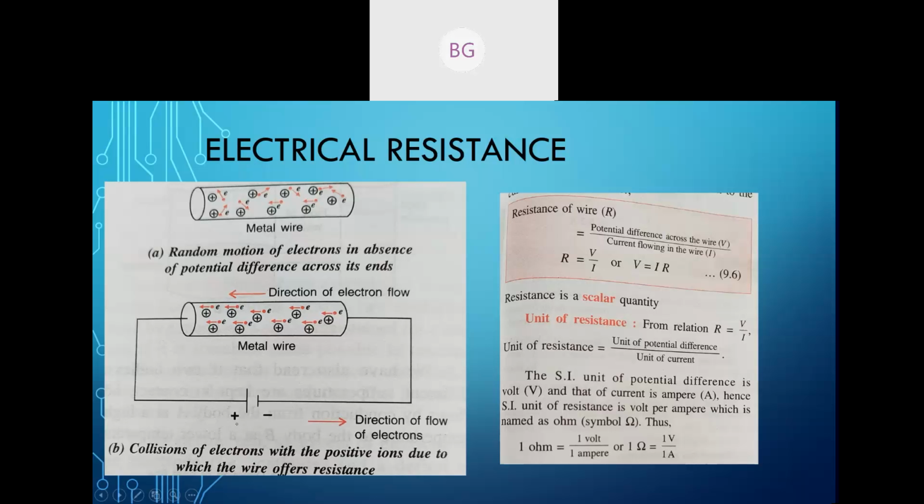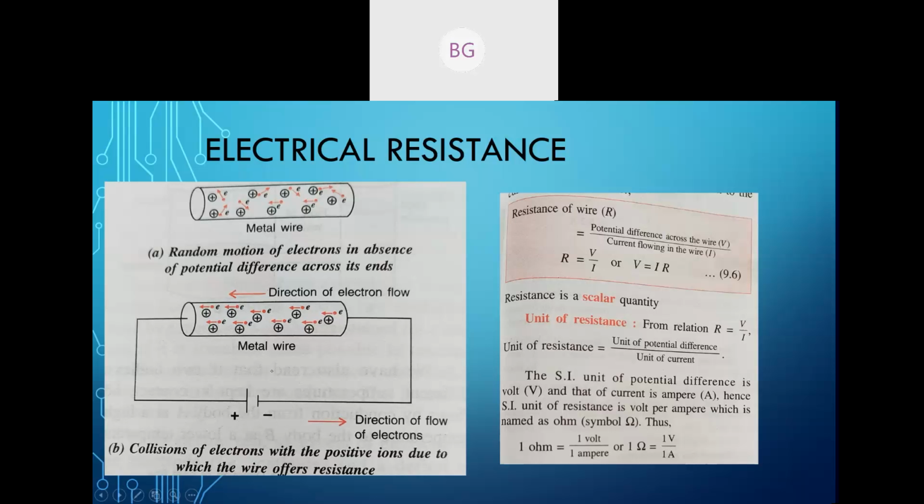So the number of electrons at the negative terminal is more compared to the positive terminal. The electrons will start moving from the negative terminal, from this side towards the right, then on top into the metal wire, and these electrons will move towards the positive terminal. So this gives us how the electrons flow.